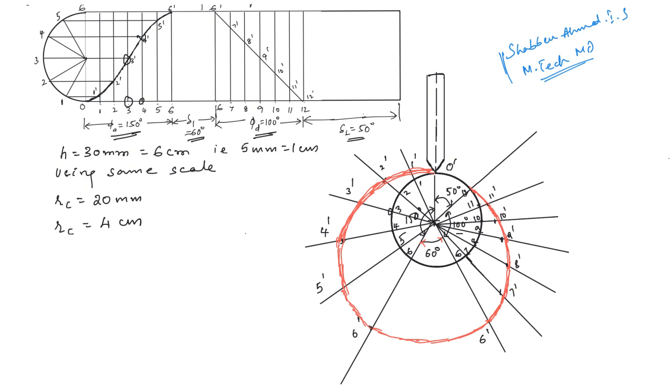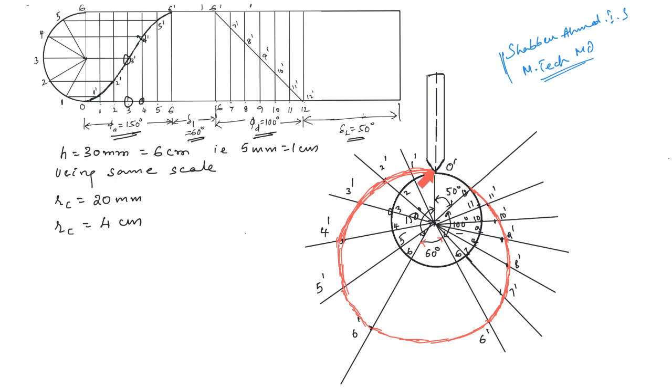Then transfer these heights. Now 6, 6 dash is here, then 7, 7 dash, 8, 8 dash, 9, 9 dash, 10, 10 dash, then 11, 11 dash is marked here, and 12 and 12 dash is the same point.